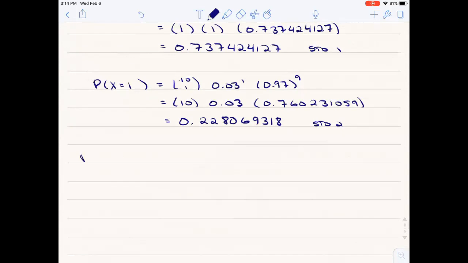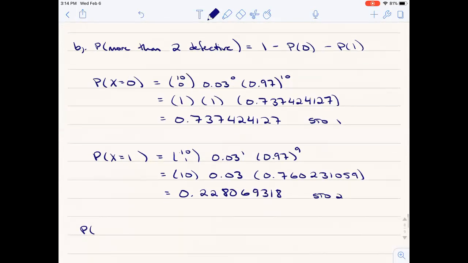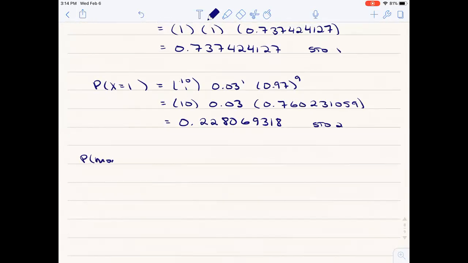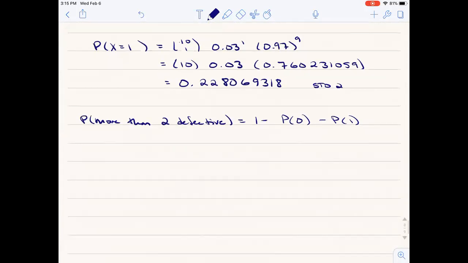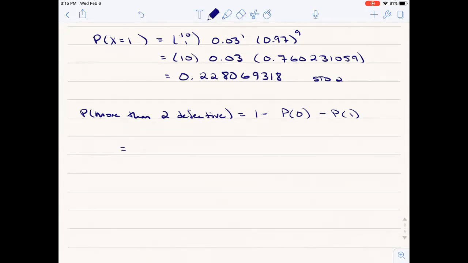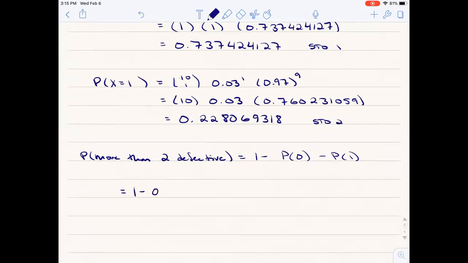So now the probability of more than 2 defective is 1 minus the probability of 0 minus the probability of 1, which is 1 minus 0.7374242127 minus 0.228069318.